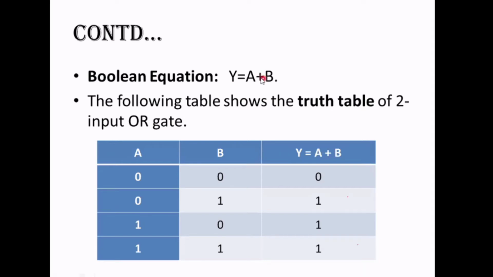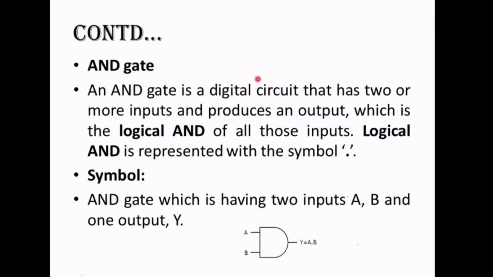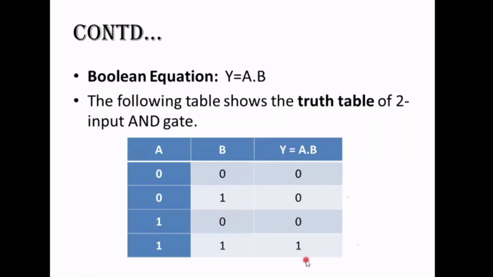Now, this plus sign over here represents the logic OR gate. Again, this is one kind of mathematical symbol which is given to your logical OR gate. Similarly, your logic AND gate will be represented by the dot symbol.